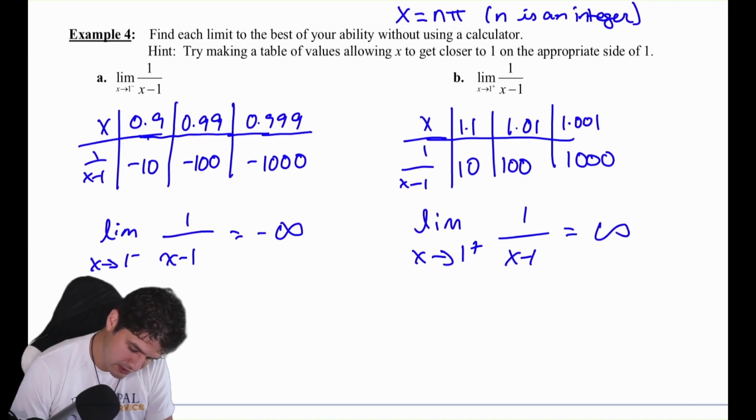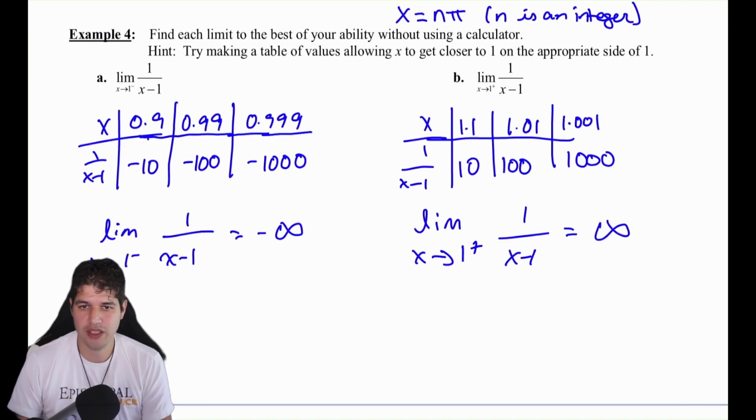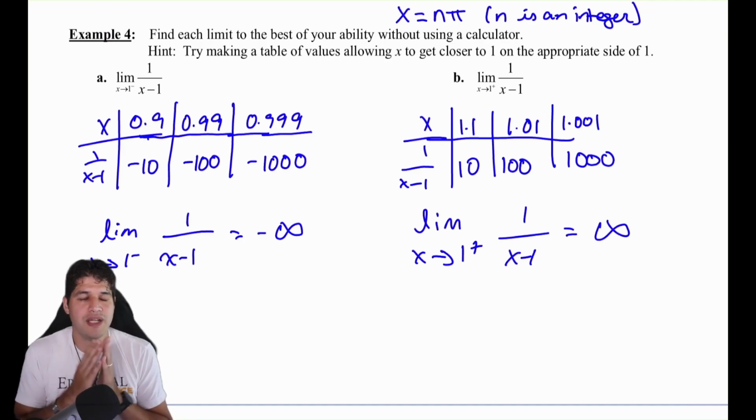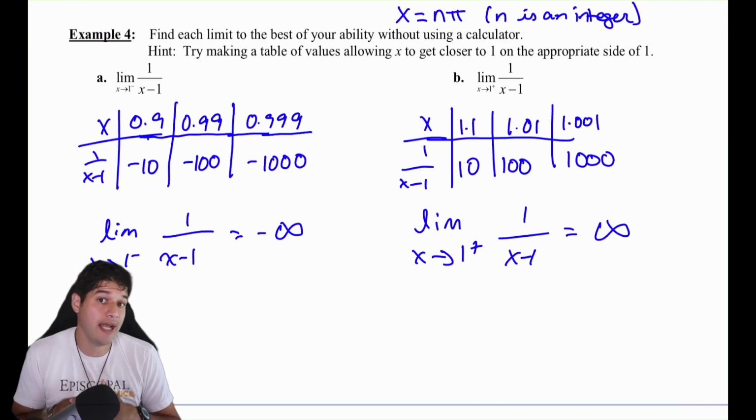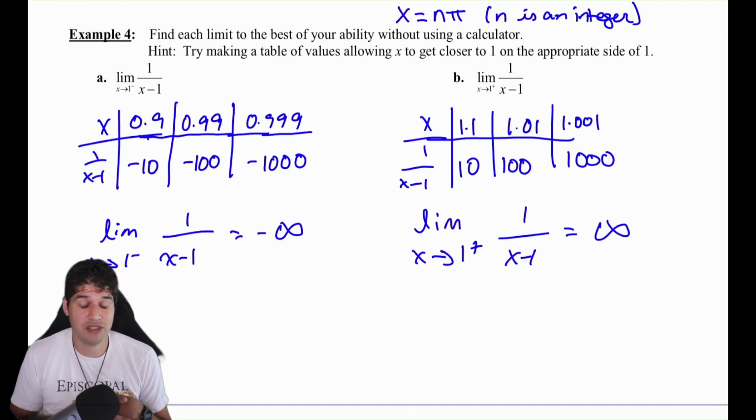Not really a trick, but what we want to understand is that we have numerical techniques that we can apply here to understand the graphs of these functions. You've done this in years prior, but what about when these functions change up a lot? You're going to want to apply this concept.